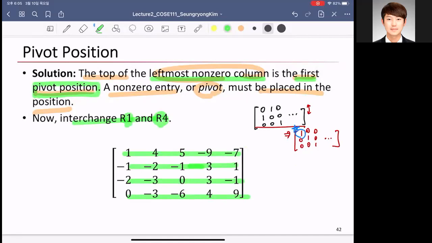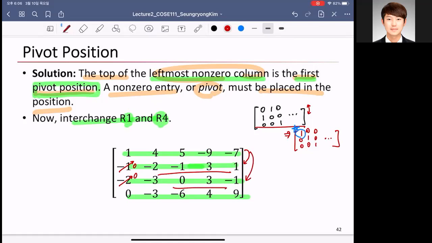So what are we going to do next? We want to make this term and this term 0, 0, 0, right? To make the reduced echelon form, or echelon form. So by using this R1, we can manipulate R2 or R3.